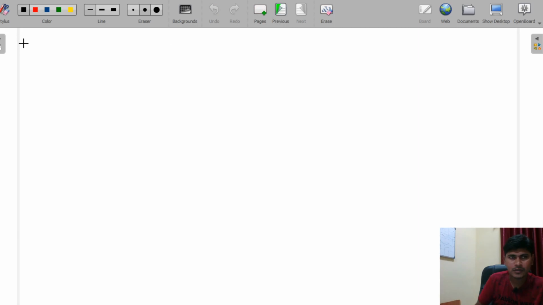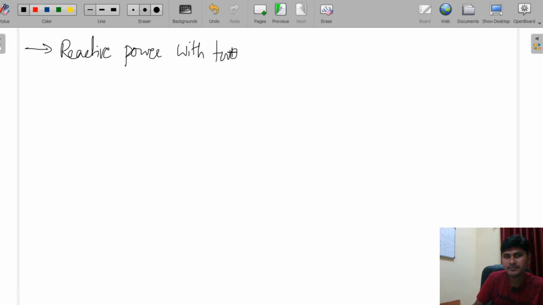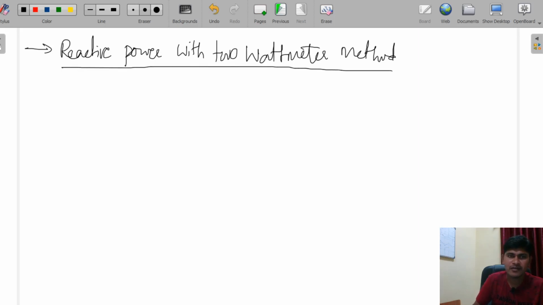Now reactive power with the two wattmeter method. We know, for lagging load, W2 minus W1 is equal to VL IL sin phi. What is the reactive power consumed by the 3-phase load?